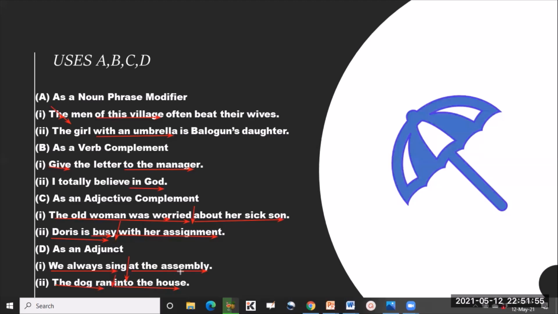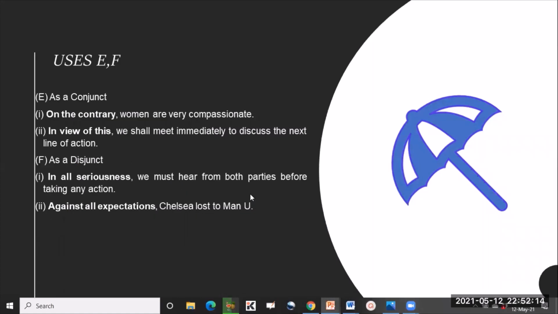Into the house. So let's now erase these marks so that we won't be confused when we get to the next page, where we are going to look at the remaining uses of the prepositional phrase.